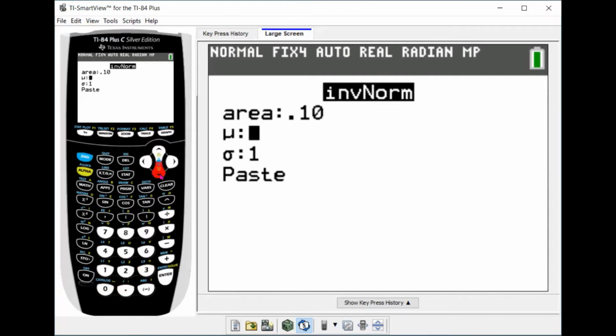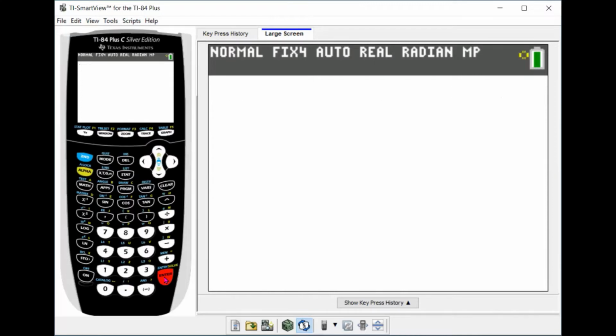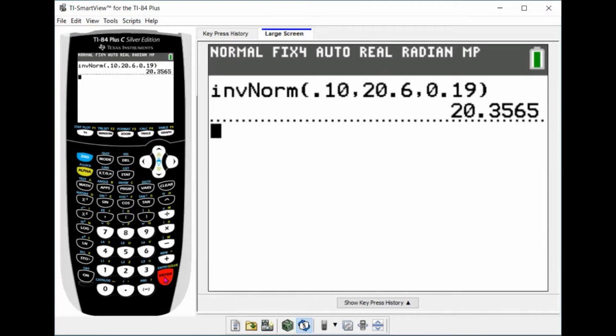Mean in this case is 20.6. Standard deviation is 0.19. And if you paste this, you will see what you have written on your paper. This is what we have written. And then we hit enter to get the result.